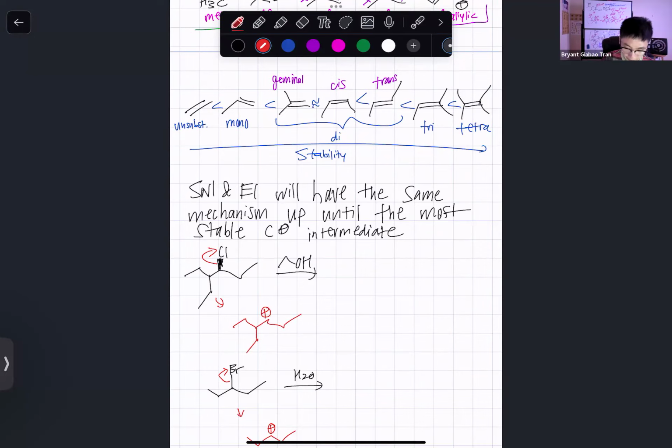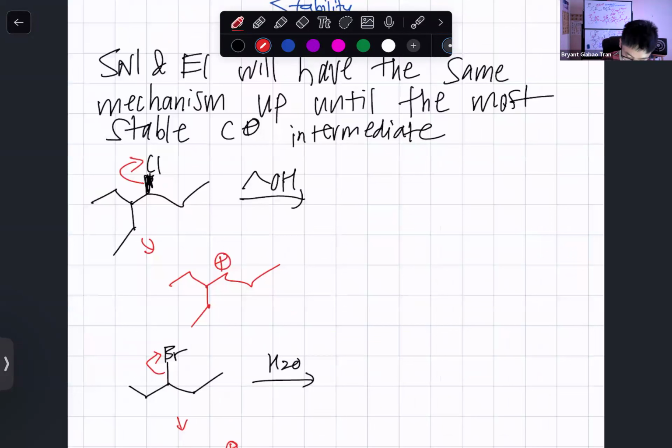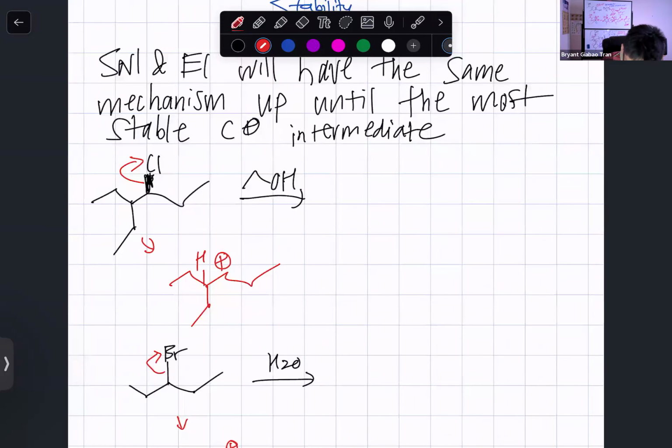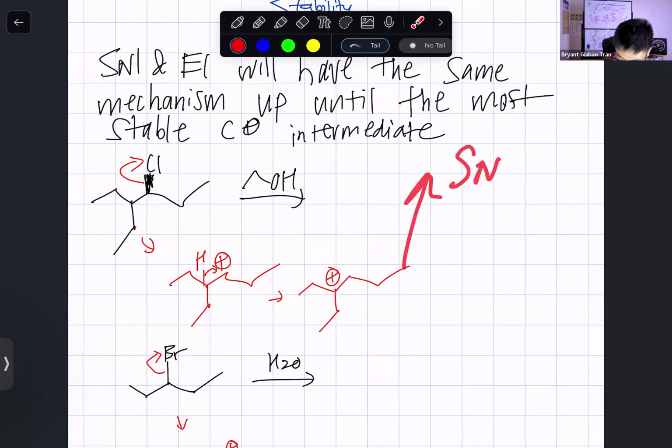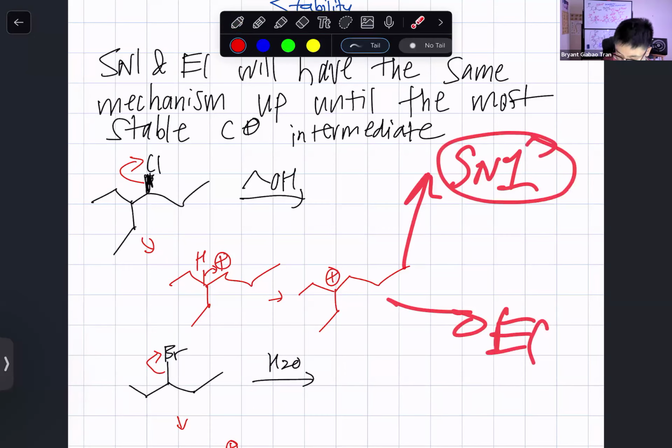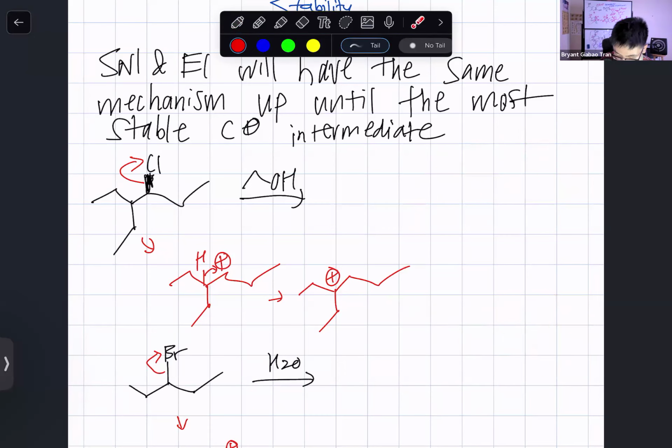And at this point, whenever we have the carbocation intermediate, we always stop and think if we could do a hydride or methyl shift, which in this case we can do, moving the hydrogen there to form the more stable tertiary carbocation right here. Now, at this point, it could diverge into the SN1 product, or it could diverge into the E1 product. We already did the SN1 product, so now let's do the E1 product.